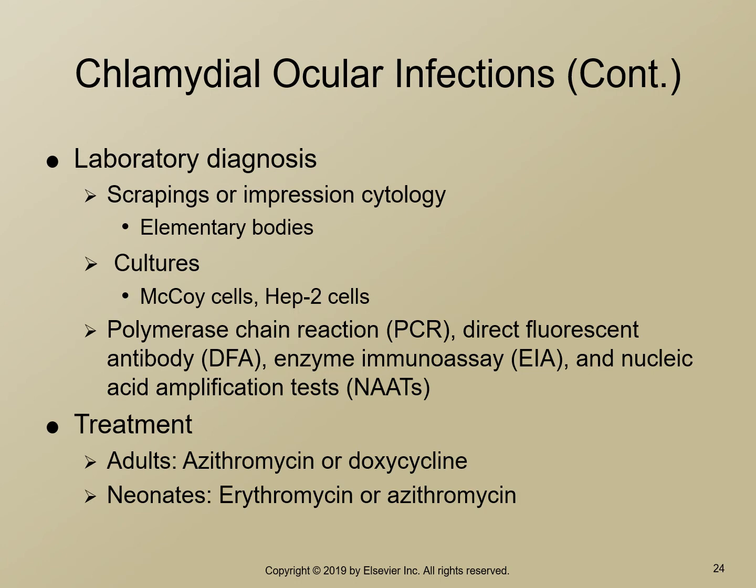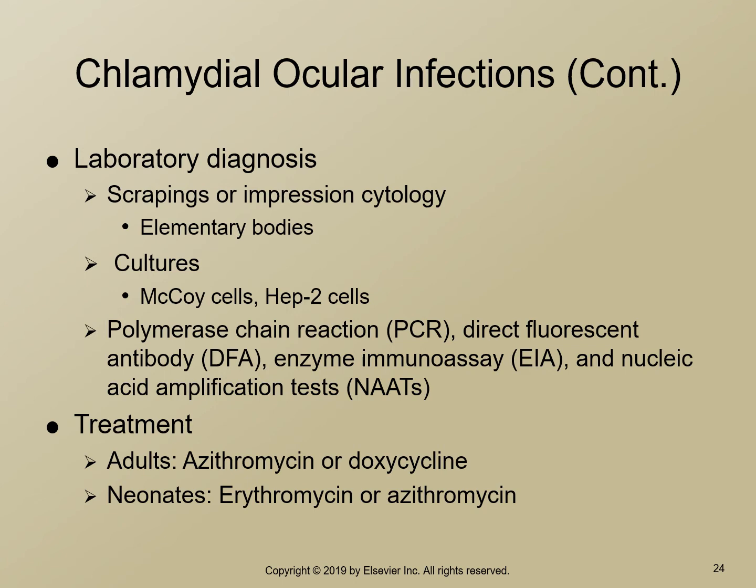Direct detection of chlamydial inclusions can be done in scrapings or on impression cytology membranes, and it's generally considered a sensitive method for confirming ocular chlamydia infections. Cultures may be done using McCoy or human epithelial cell type 2 cells, and these may be used to confirm the diagnosis, especially in cases of suspected trachoma.